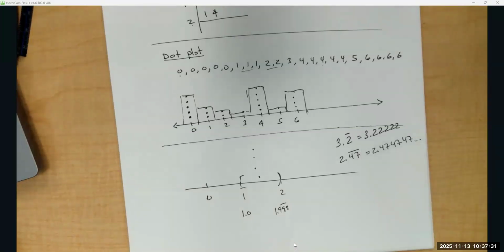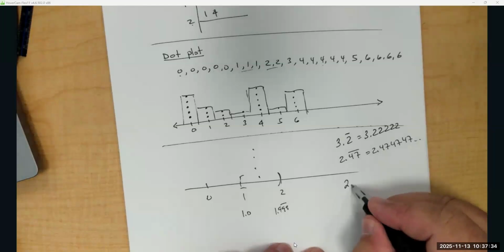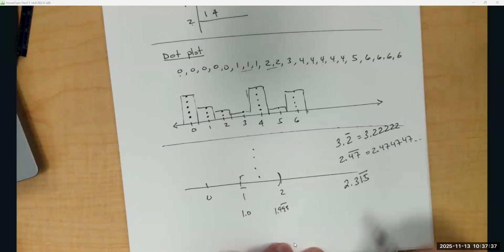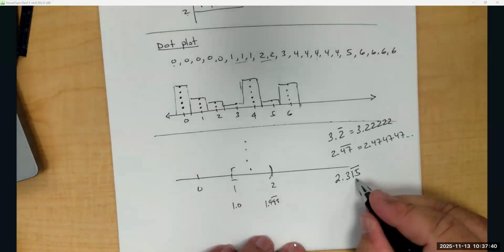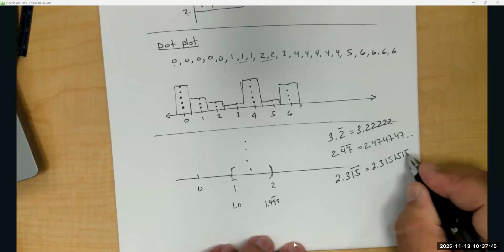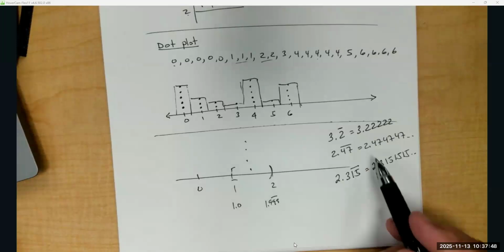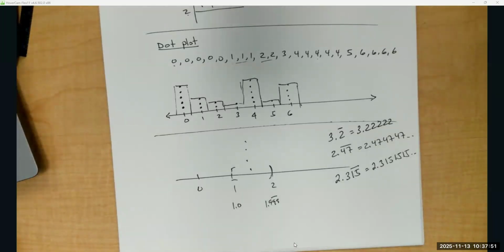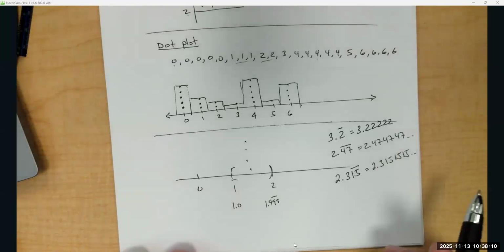So whenever you have a line over a number or a group of numbers, whatever has that bar over it is what's repeating. That's what it represents, a repeating decimal. But it's only the decimal, not the leading term.